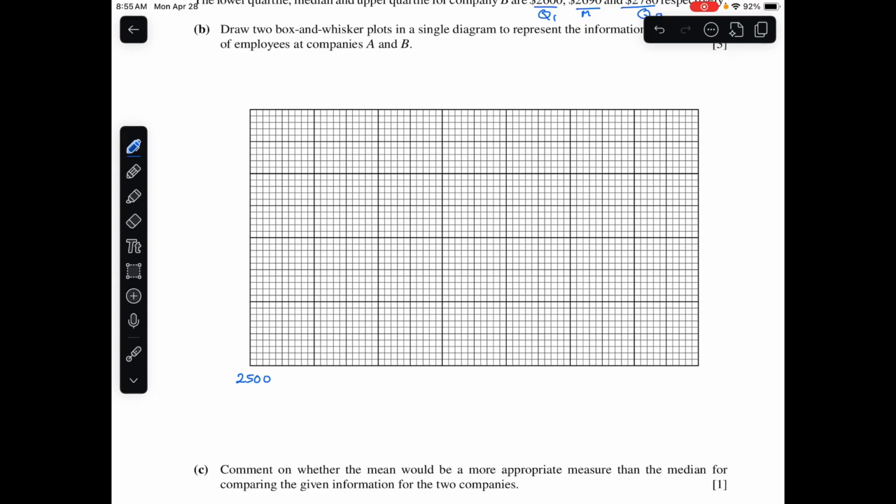Let's say that is 2500, 2600, 2700, 2800, 2900, 3000, 3100. All right. So that is monthly salary in dollars. Remember, you need to label your diagram, otherwise you're going to lose 1 mark.